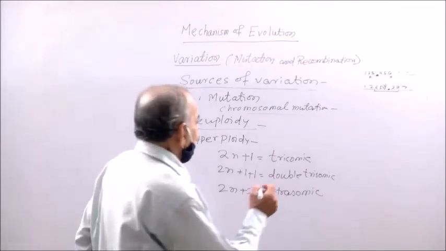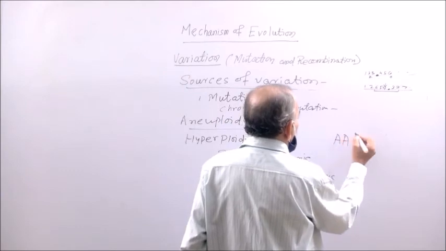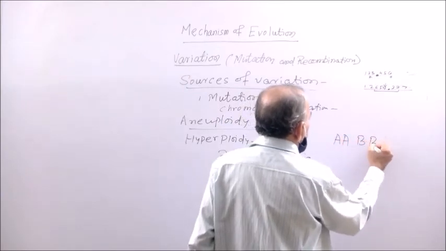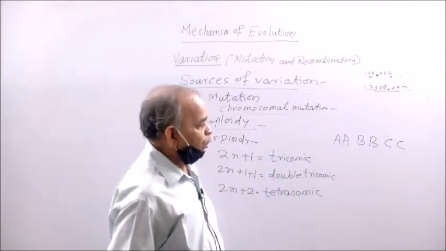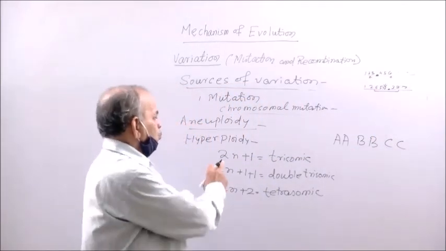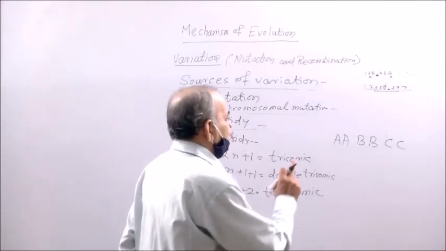Now see, suppose the normal chromosome set is AA, BB, CC. Suppose here 2n is equal to 6. Now 2n plus 1 is added here.